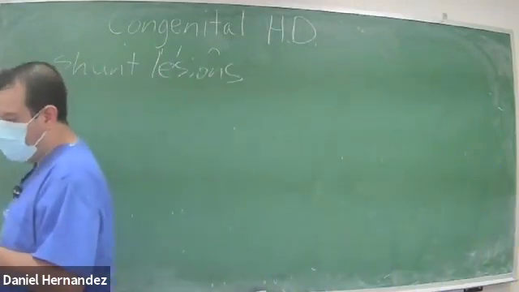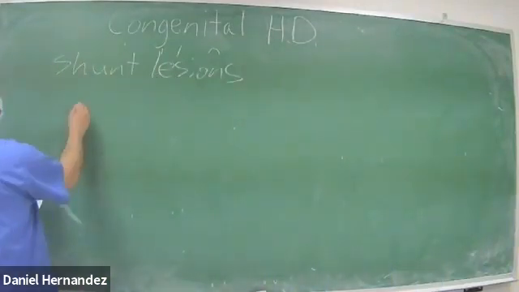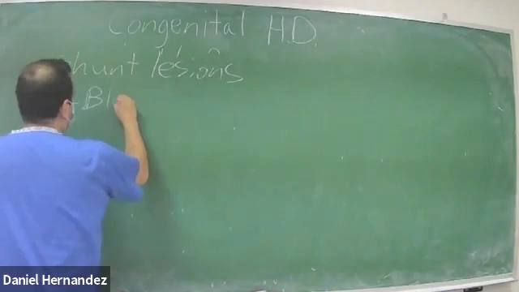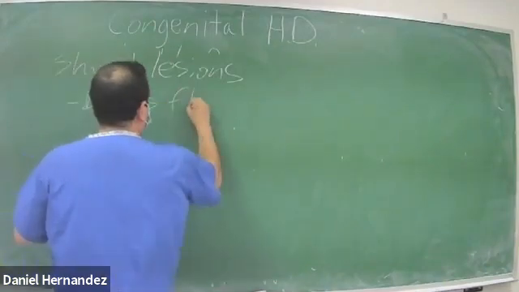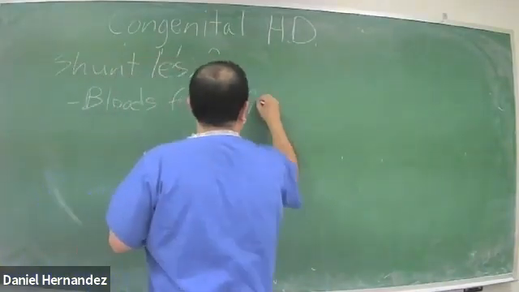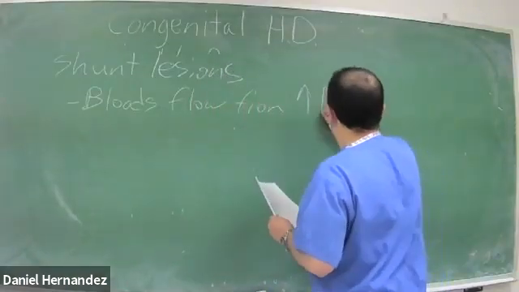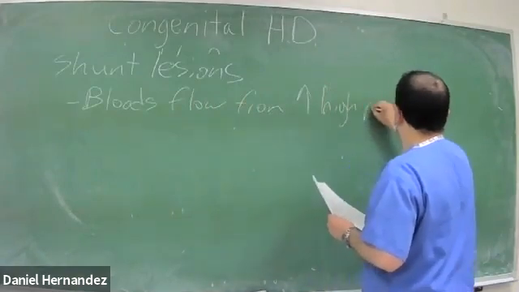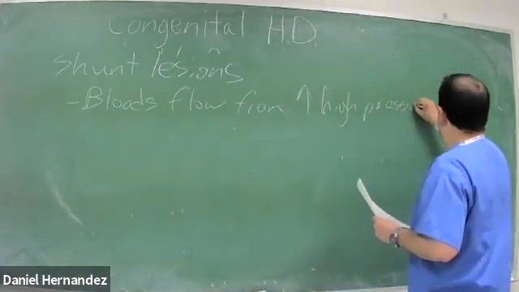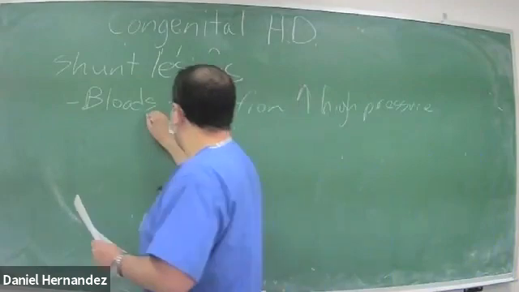So when we're talking about shunt lesions, we have to remember that blood flows from high pressure to low pressure.